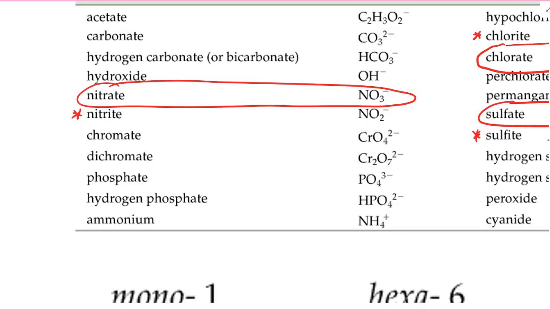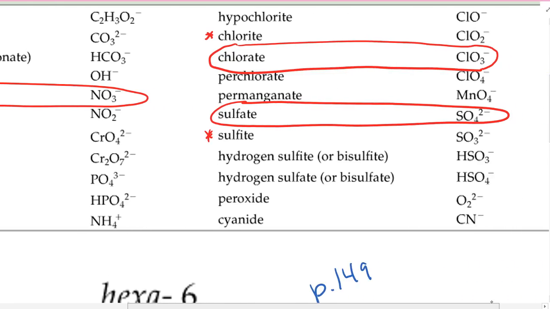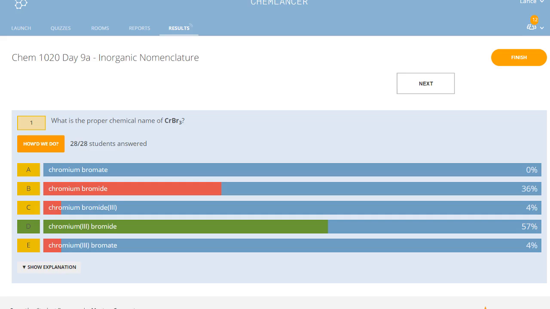Don't shut off your answer yet. This is nitrite. You are responsible for knowing nitrite even though you were not memorizing it. If we look at chlorate, chlorate is one that you're memorizing, but you must also know the formula for the chlorite ion. Sulfate, the one that's circled here, is one that you're memorizing, but you are also responsible for knowing the formula of the sulfite ion.